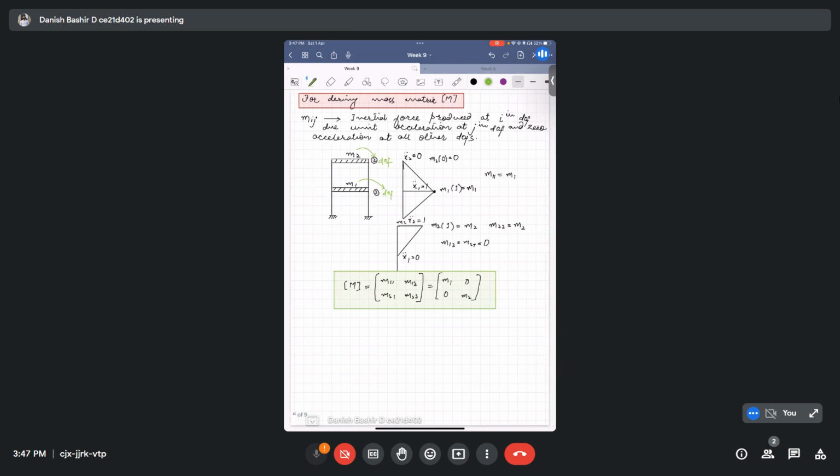So the important point to note here is, if the degree of freedom is defined at points where mass is lumped, we get a diagonal mass matrix.